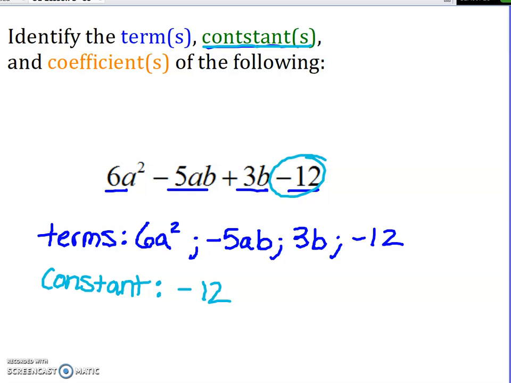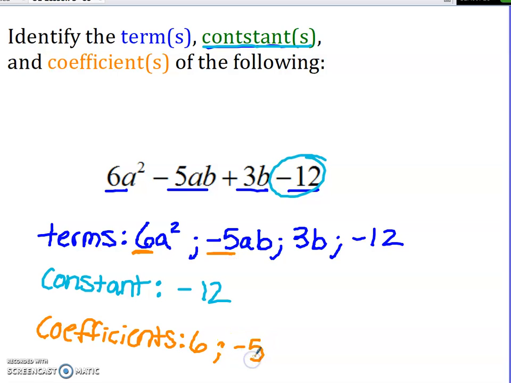And last but definitely not least, let's talk about those coefficients. Remember, coefficients are numbers in front of our variables that tell us how many. So looking at this first term, 6a squared, 6 would be the coefficient because it tells us how many a squareds we have. And the next one, negative 5ab tells us we have negative 5 of those ab's.